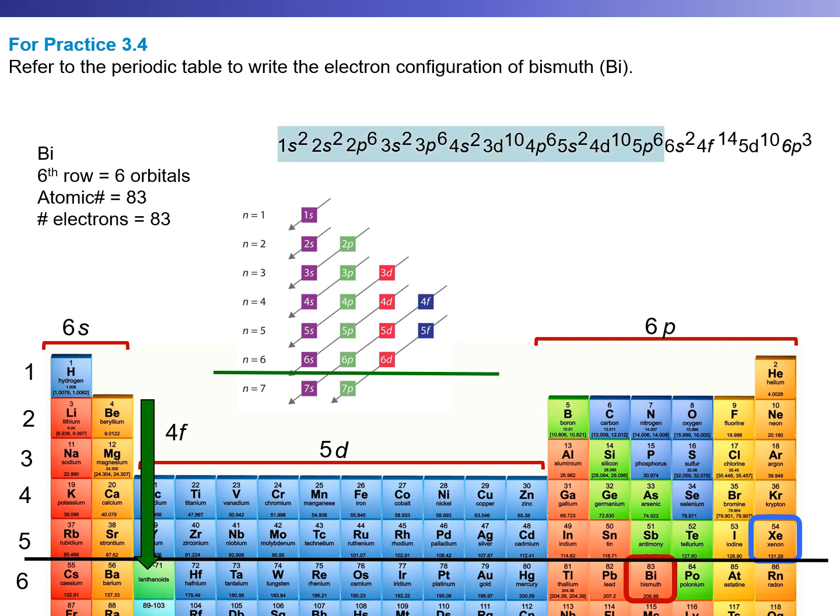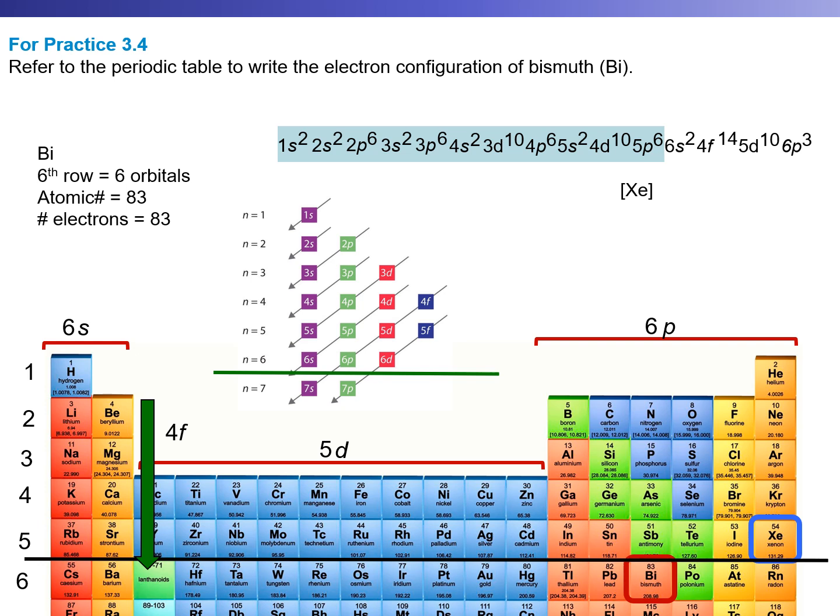Now we know that everything up to this point right here, at the end of row 5, allows us to stop at the 5p. That is going to correspond with xenon.